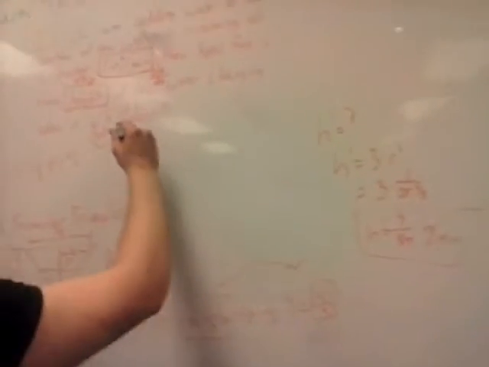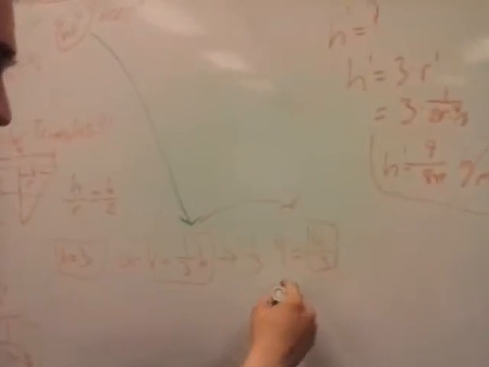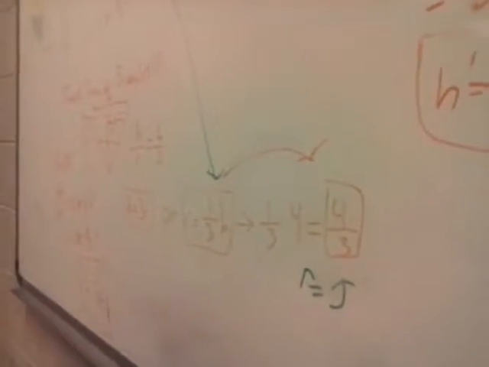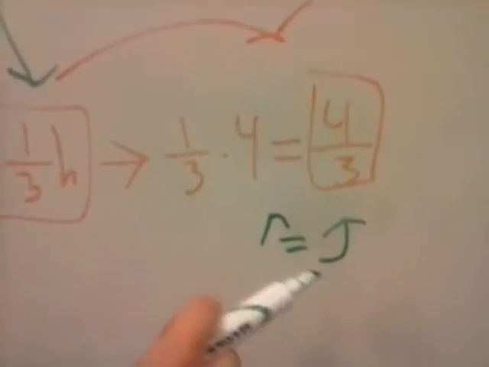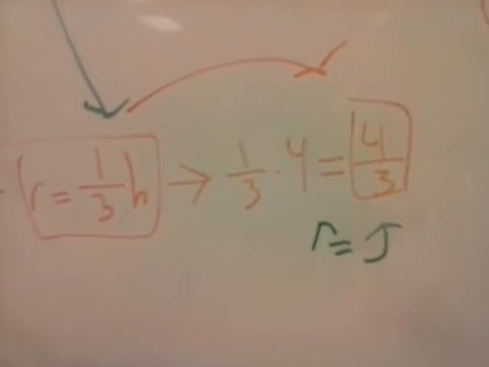You take that and plug that into your equation here. So you plug that in for your h right here, and now your r is going to equal 4/3. Okay, so now you know what r is, and you can plug that in to find out what h really is.